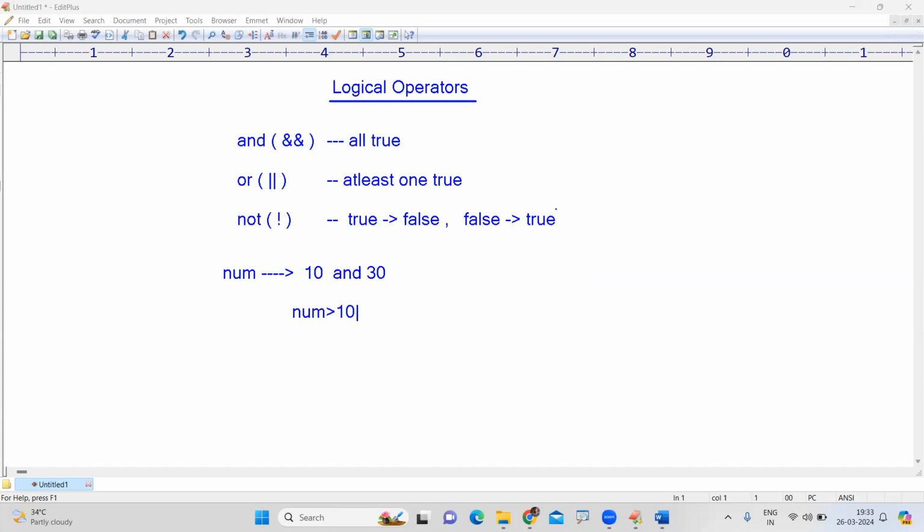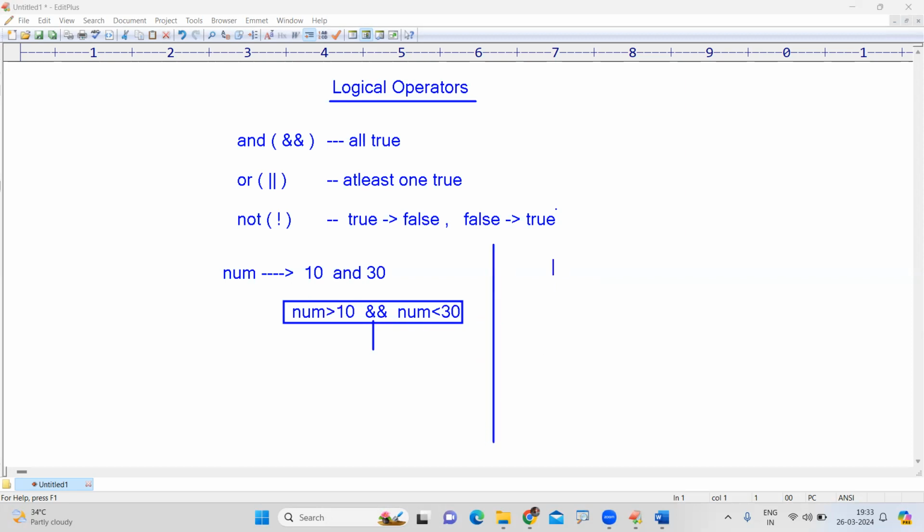But greater than 10 means what? 20, 25, 28, 30, 40, 50, 60, everything will come. No. And that number should also be less than 30. Both conditions should be valid, then only you can say that it is true.